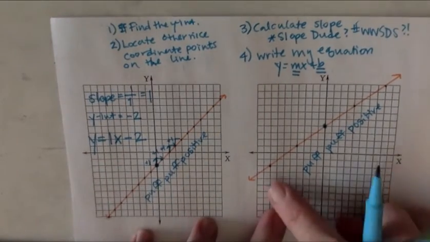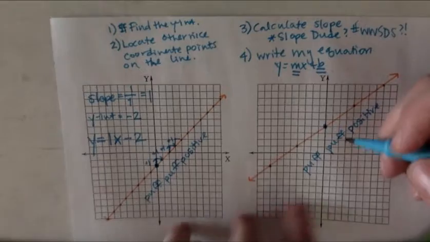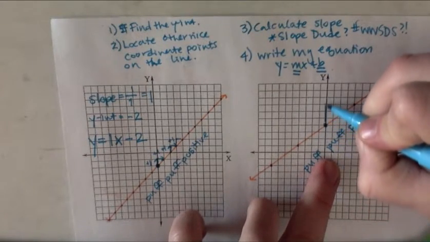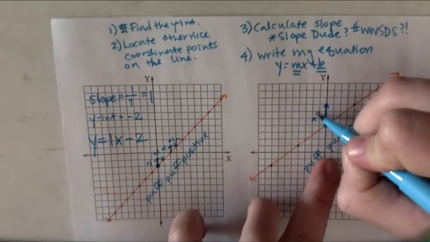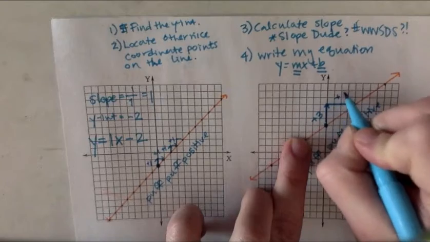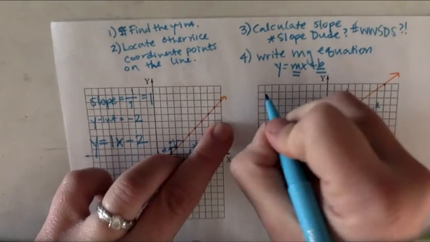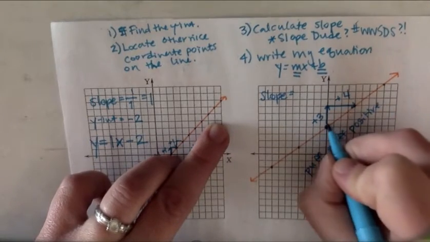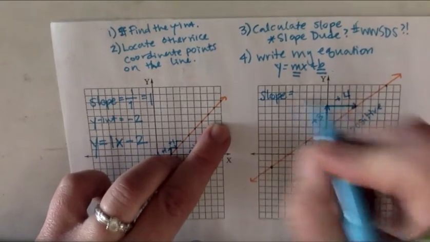If we look at this next line, let's find the slope because we've already found the y-intercept. The slope, it looks like I need to increase by 3, and my run is going to the right 4. So my slope, rise over run, rise up 3, run 4.